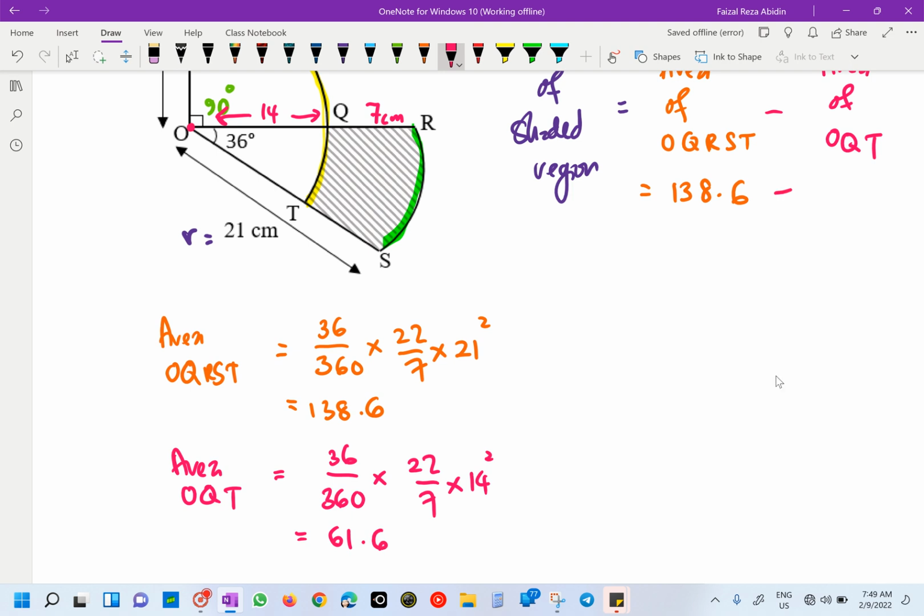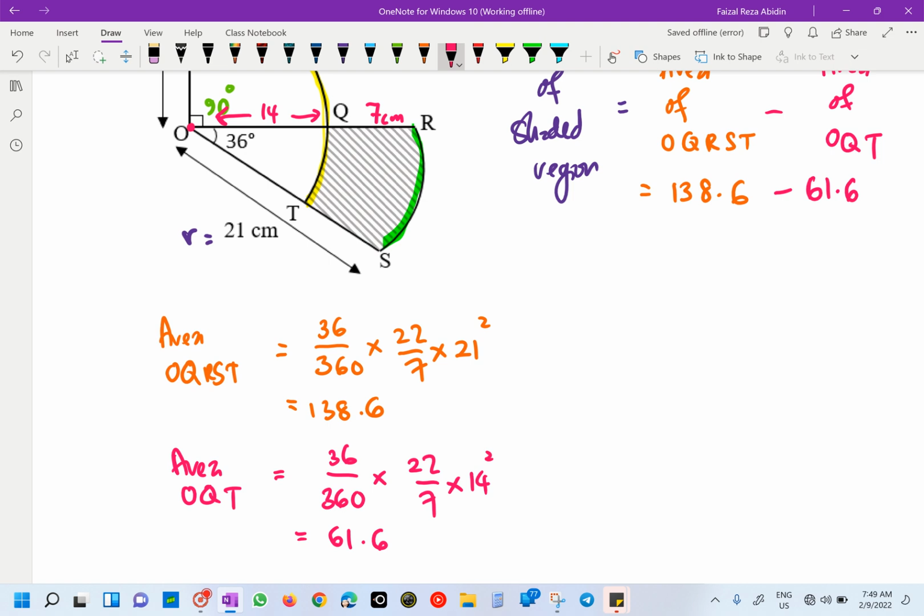So, this one you will get 61.6. So, when I can identify, I can look at either one here. Either 138.6 or 61.6. One mark given. Either one. Salah satu. Then you are going to find the area of shaded region: minus 138.6 minus 61.6.